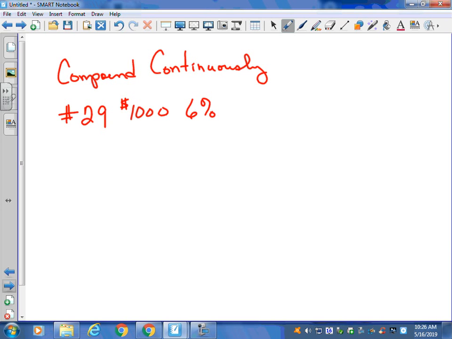And here are the two things they'd like to know. One, what's the account balance in 10 years? And two, how long to double your money? So in other words, how long will it take before I have $2,000?